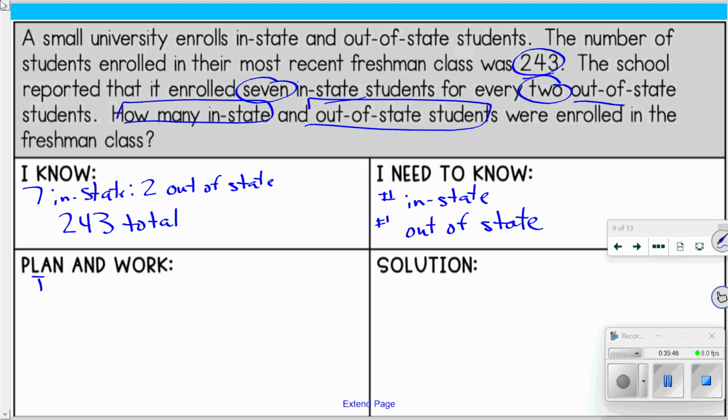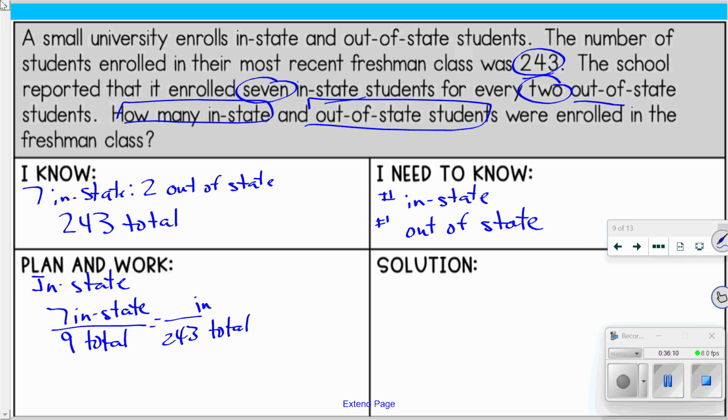For my in state, I could say I have 7 in state. Do I know how many total? Yeah, 7 and 2, right? 9 total. And I know it's going to equal 243 total. But I don't know my in-state, do I?